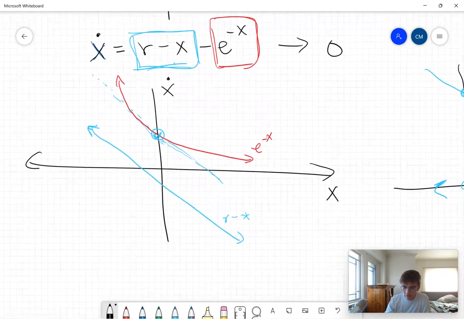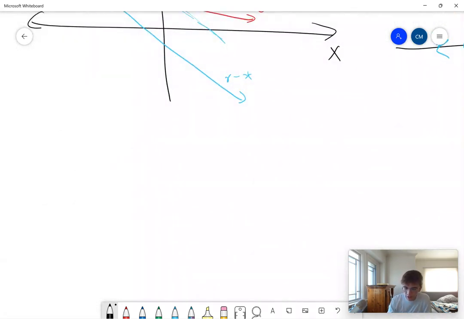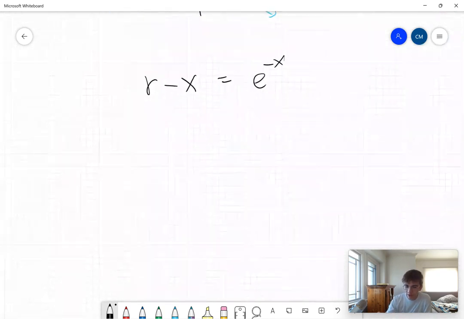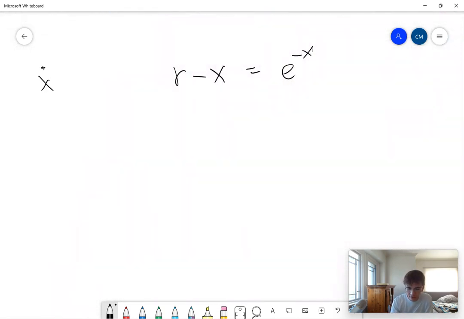So if I require that r minus x equals e to the minus x, okay, so that's the condition for a fixed point, i.e. this is the condition for x dot equals f of x equals 0.